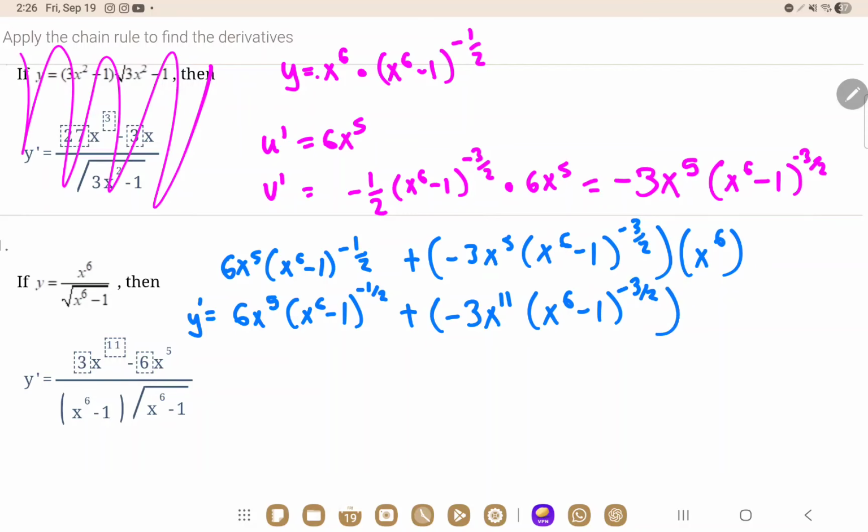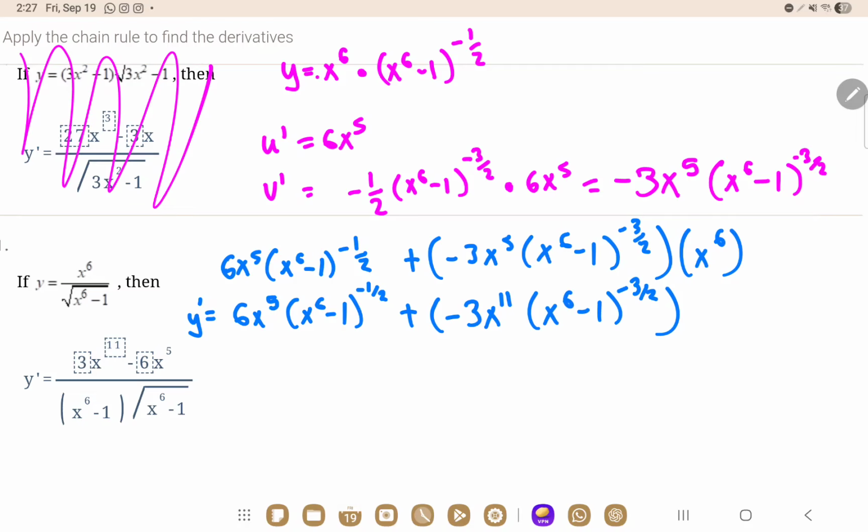And now we can factor out 3x^5 into x^6 minus 1. Sorry, my mic lagged.